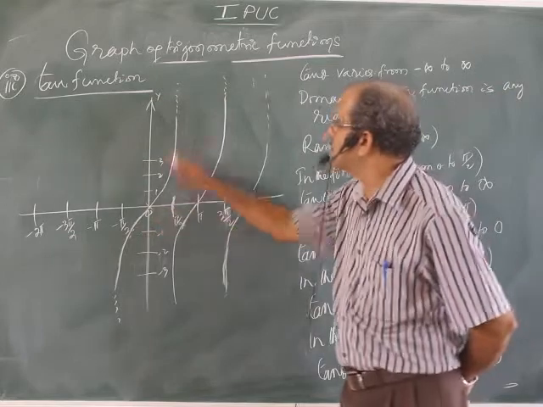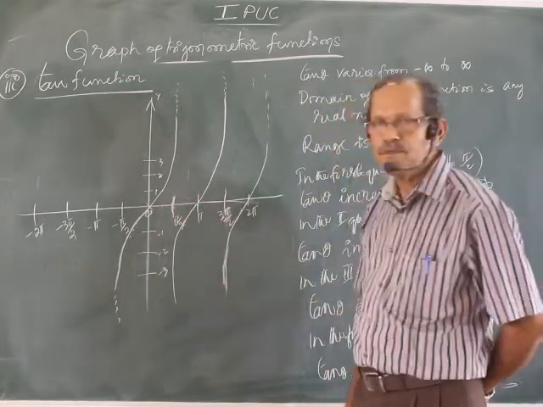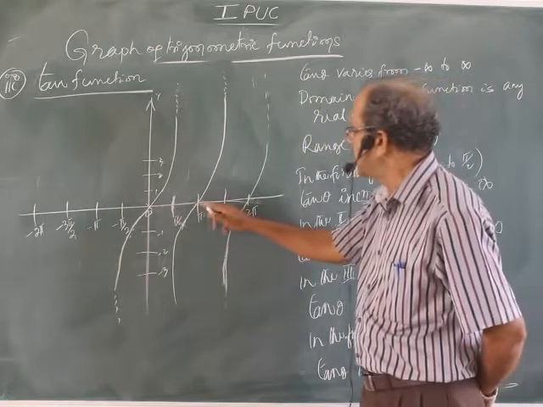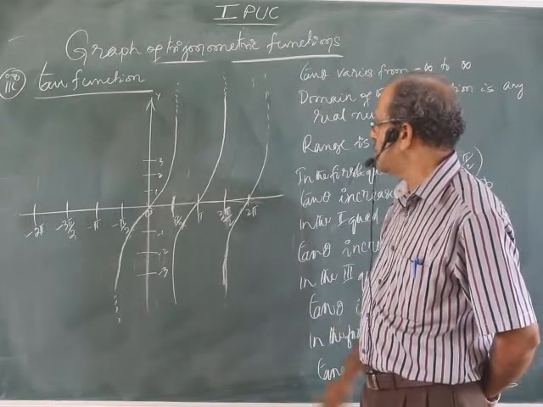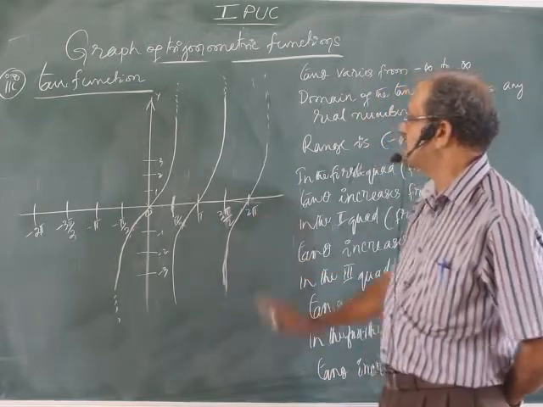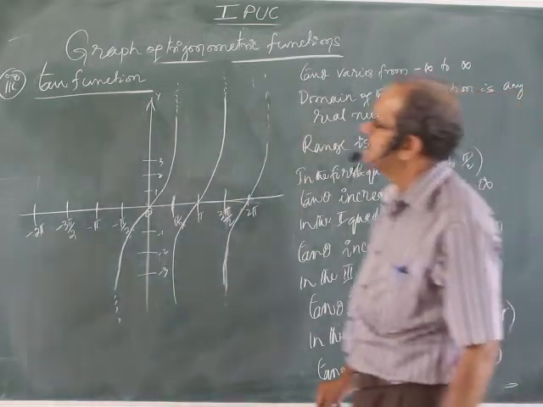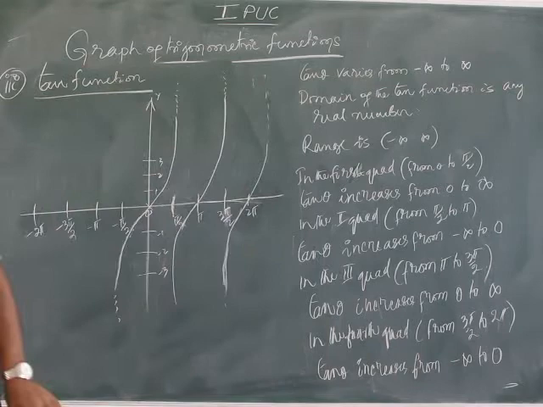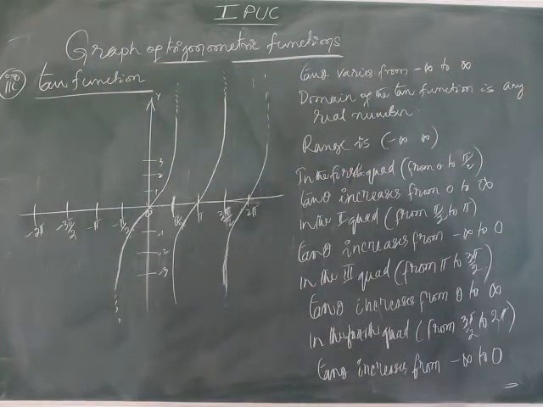Increases from 0 to infinity, increases from minus infinity to 0. Again in the third quadrant, 0 to infinity. Fourth quadrant, minus infinity to 0. So these are the graphs of trigonometric functions: sin theta, cos theta and tan theta.